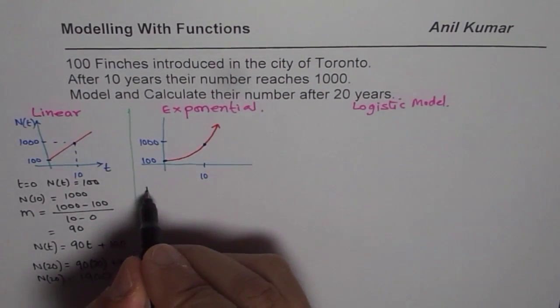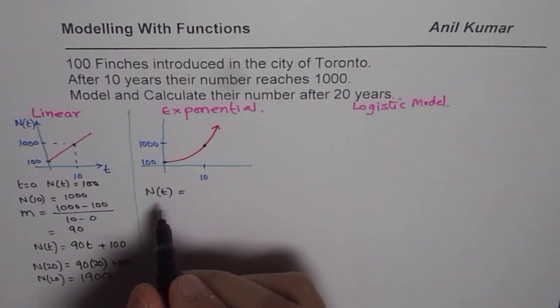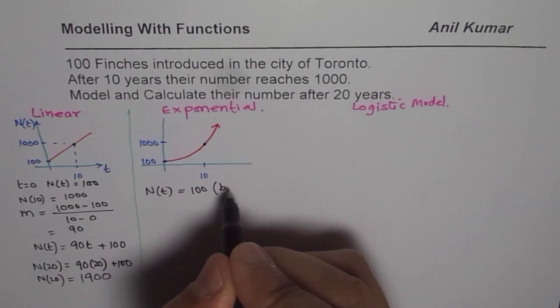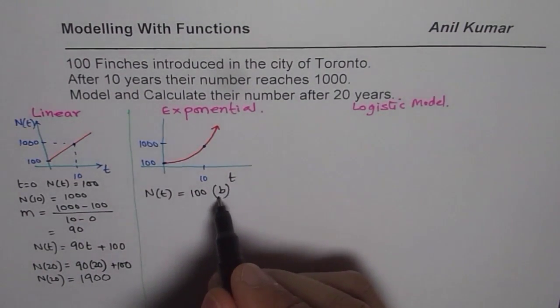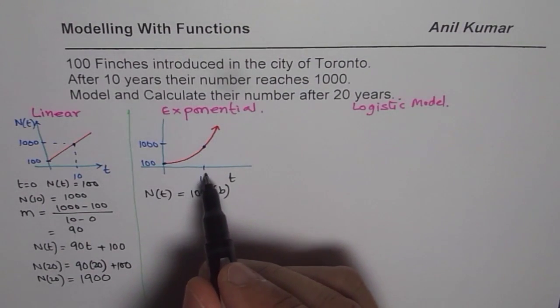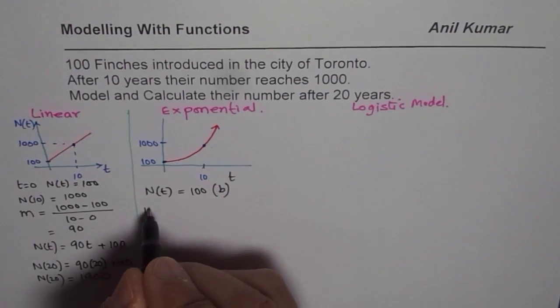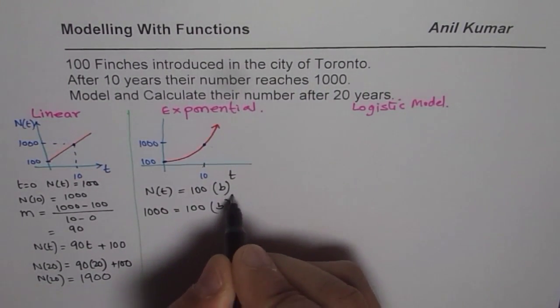So in this case you can write the equation as number of finches with time will be initial number of 100 times the growth rate to the power of t. Now to find the growth rate we can use the point here, which is after 10 years there were 1000. So let's put 10 here and 1000 here. So we get 1000 here equals to 100 b to the power of 10.